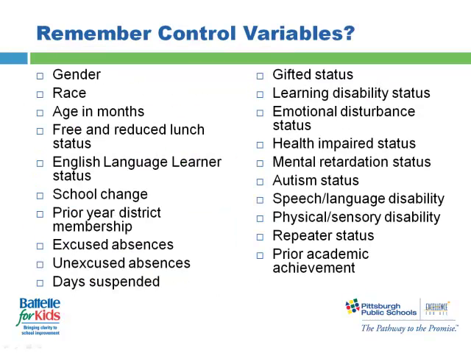These are the control variables that are considered in PPS value-added reports. These variables help to isolate the teacher's contribution to student growth in achievement. The value-added model uses statistical techniques to separate the impact of schooling from other factors that may influence growth.